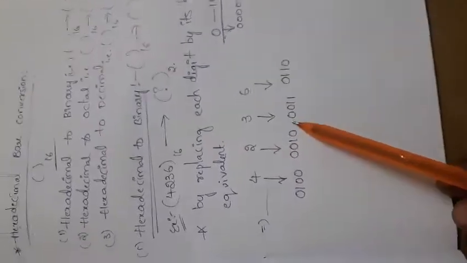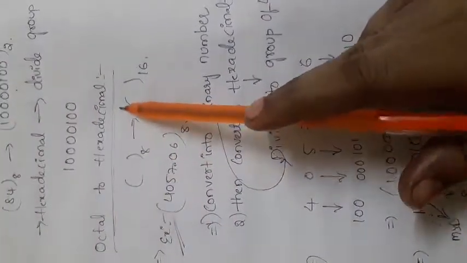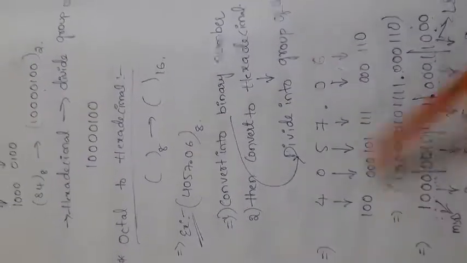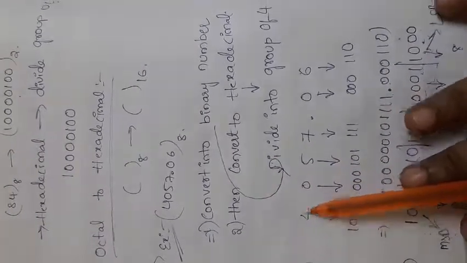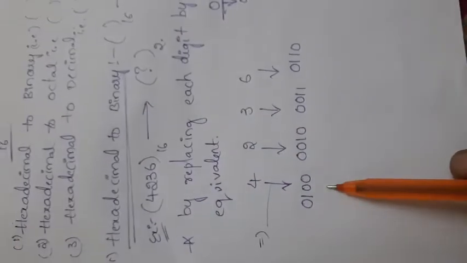Suppose you want to write octal conversions. In the extra day class, this was related to octal to hexadecimal, right? In that we take the binary number as a 3-digit number. Remember the point? For octal we write the binary number as a 3-digit number like this, while for hexadecimal we write it as a 4-digit number.